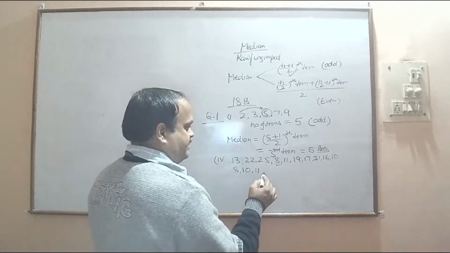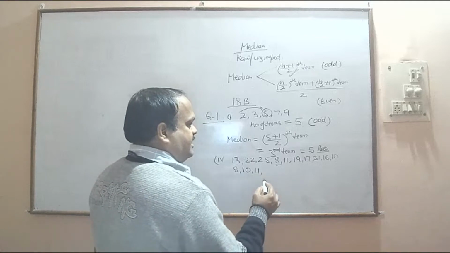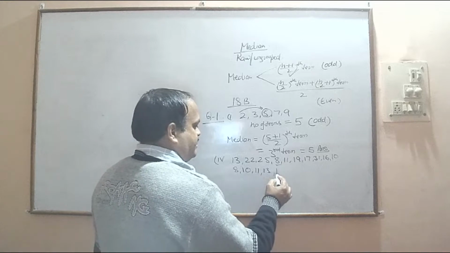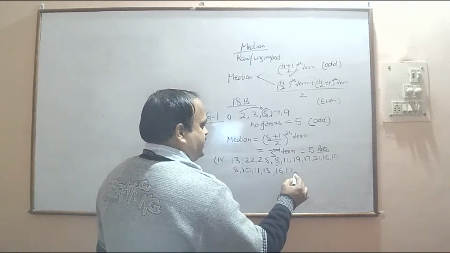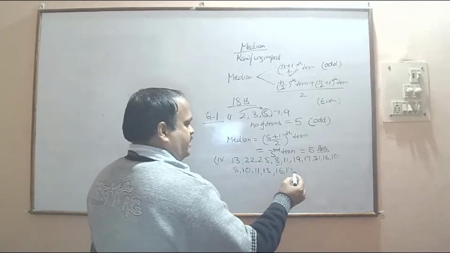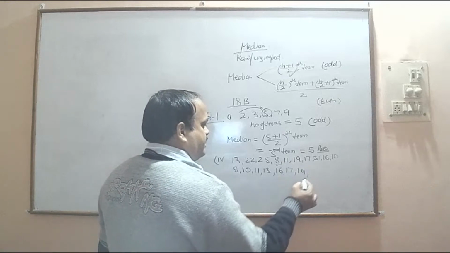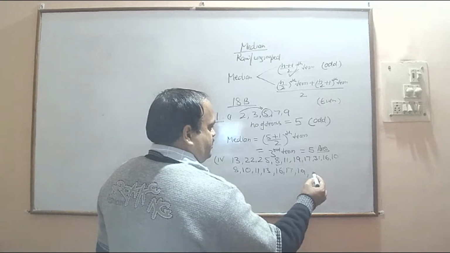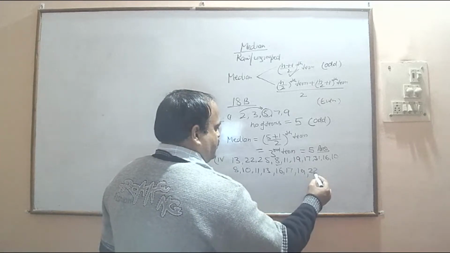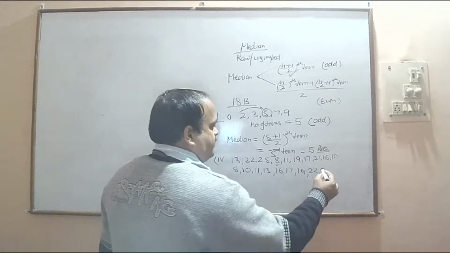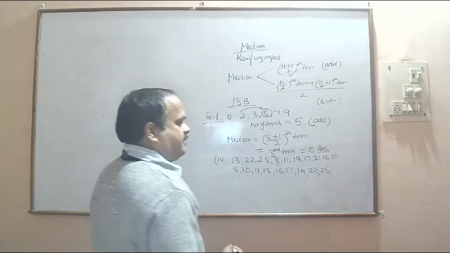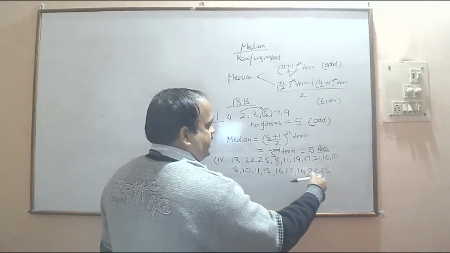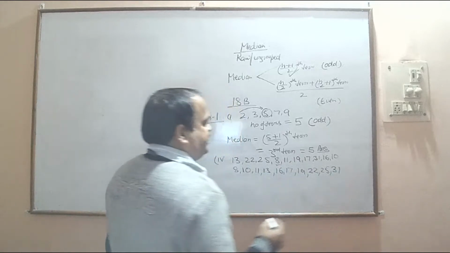Then 11, then 13, then 16, 17, 19, 20, 22, 25, and 31.